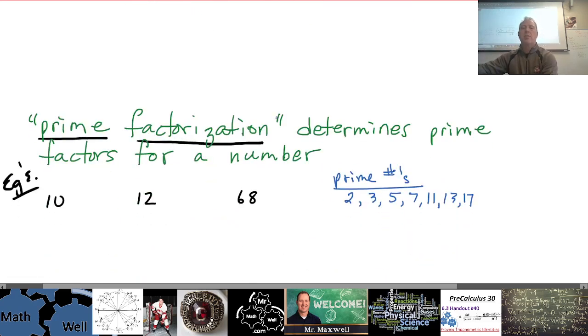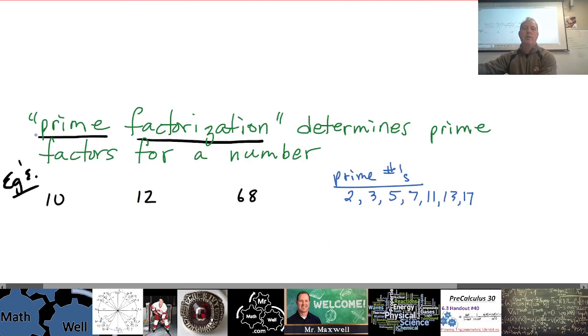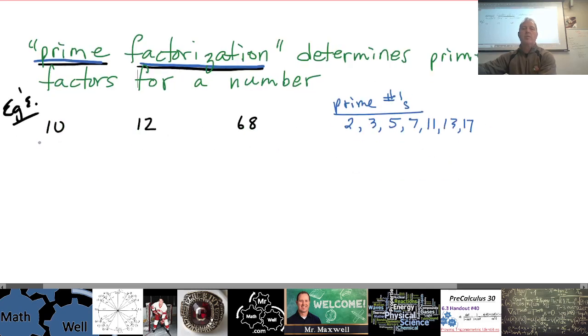But let's talk about prime factorization. So what's an easy way to do prime factorization? And we're going to do this for all 3 numbers. We've already done 10 and we've done 12, but this is going to be a helpful process for you when the numbers get bigger. So you write the number down like this, and then this is what you do. You draw a little, it's kind of like a dividing sign, but it's kind of an upside down dividing sign.